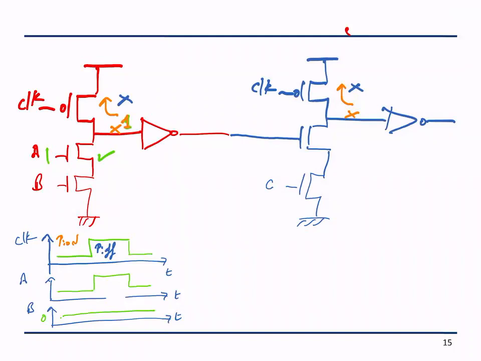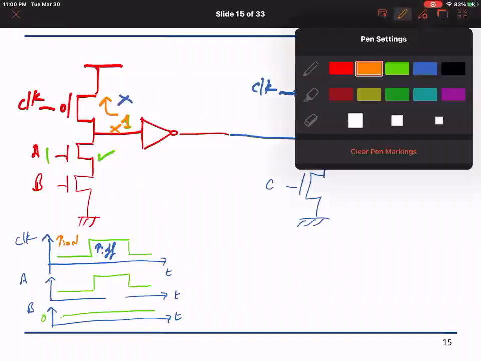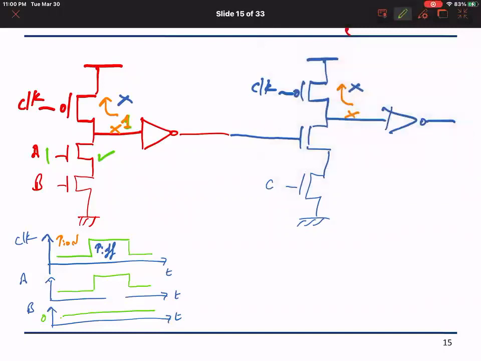And now what we have here is A is 1 and B is 0. So there is no path here, and therefore this node will remain 1. So node Y, which was pre-charged when the clock was low, will remain 1.